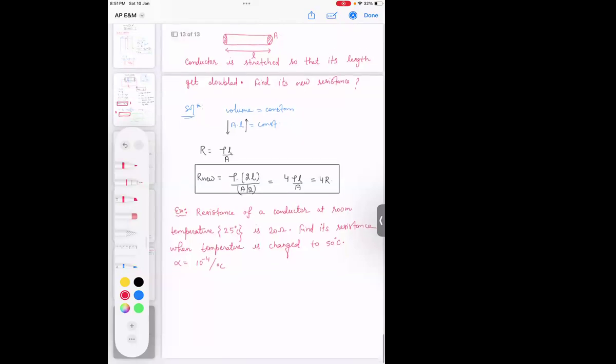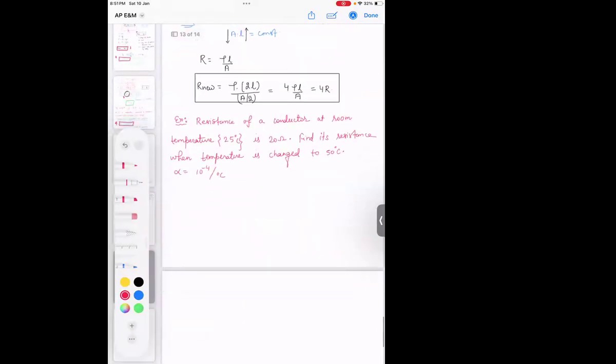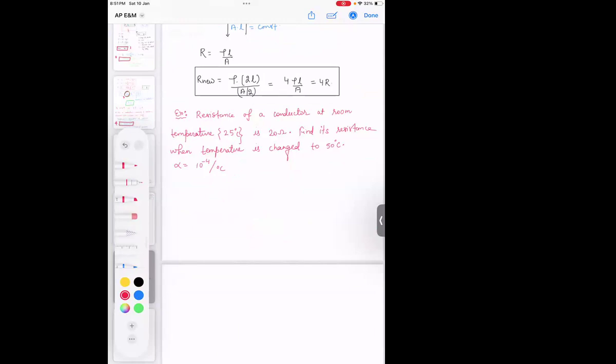Okay, so let's find it. What is the new resistance? At this higher temperature, what will be the resistance of the conductor? It's not a very difficult one. Tell me.